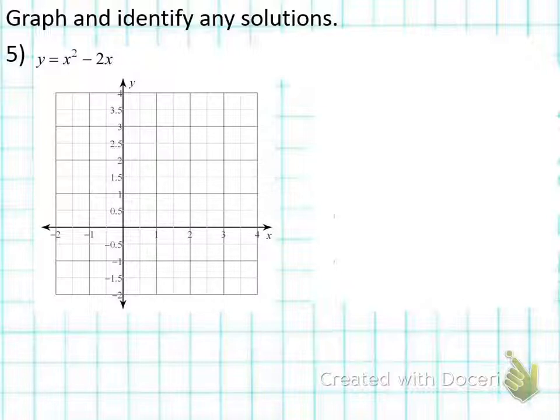Before we start, what is A, B, and C? A is what? B is 2. B is what? -2, thank you. B is -2. Is there a C?